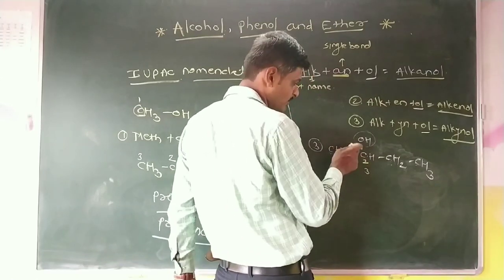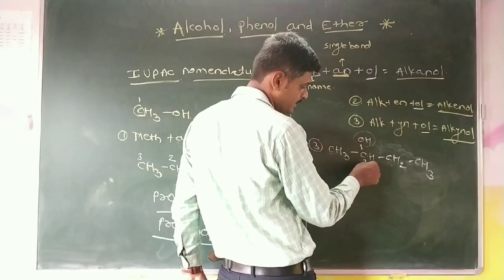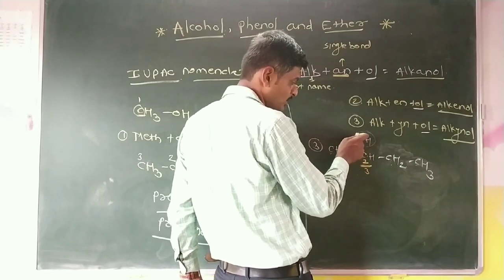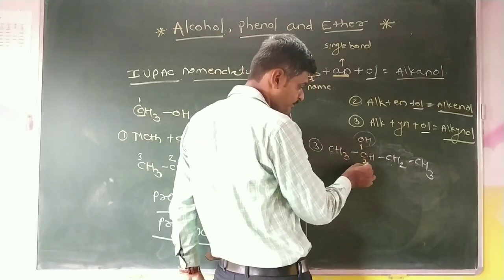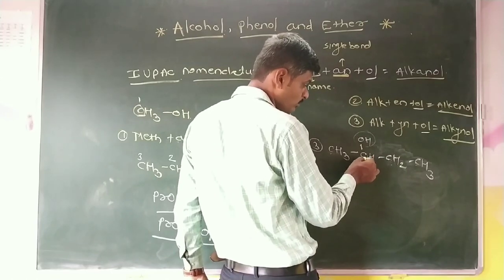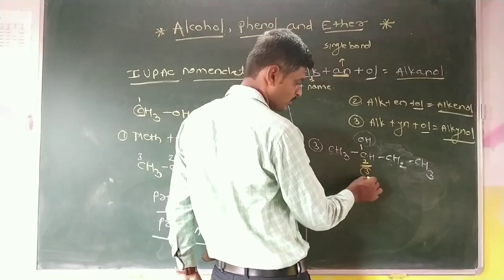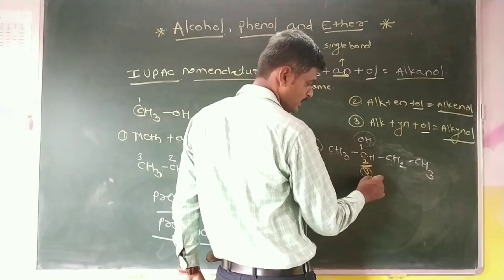The most important point is the carbon to which the hydroxyl group is attached. Therefore, this hydroxyl gets priority. Therefore, the number 2 should be given to this carbon atom. Numbering from this point to that point, giving 3, is wrong.